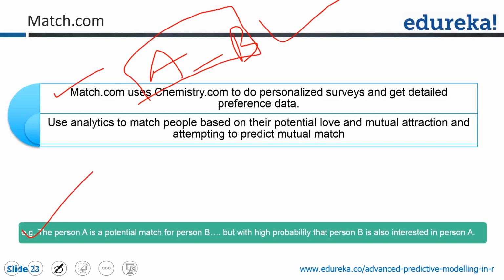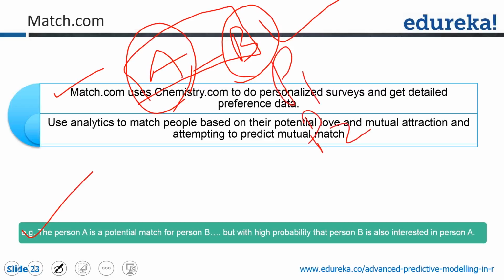So here is an example. Person A is a potential match for person B, but with a higher probability that person B is also interested in person A. It's not just that for person A, I'm going to show matches. I also need to show person A matches in such a way that there is an equal probability that person 1 also likes A, person 2 also, person 3 also likes A. In that way, I'm going to save a lot of effort.